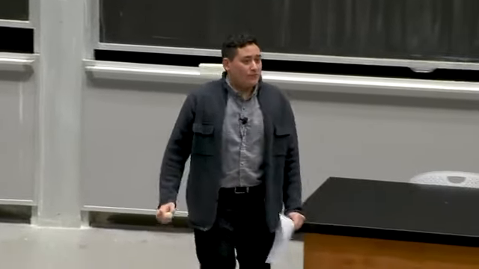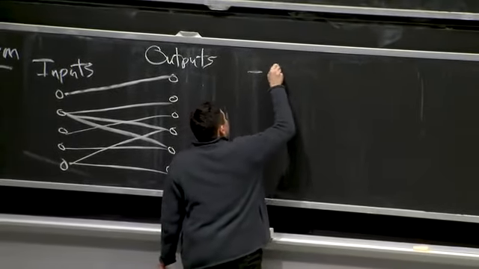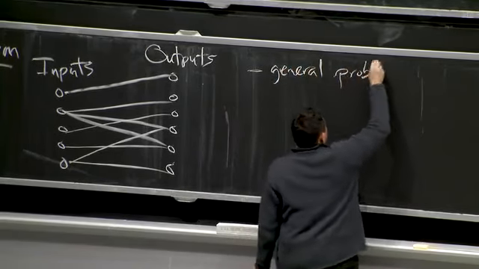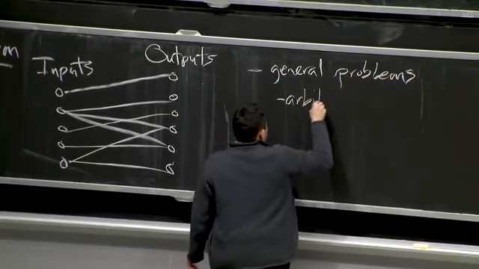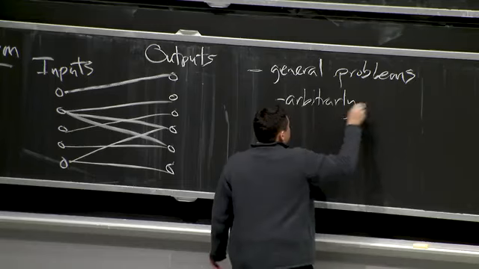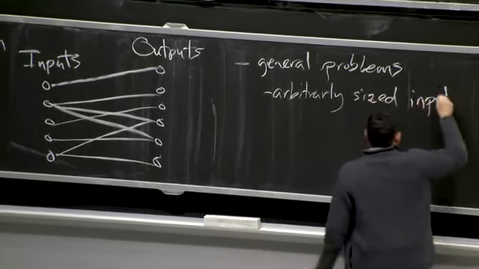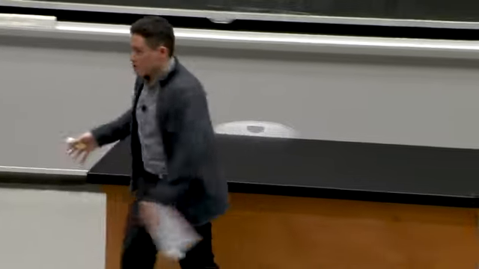So in general, we are looking for general problems that have arbitrarily sized inputs. These inputs could grow very large, but we want a kind of fixed size algorithm to solve those problems. So what is an algorithm then?